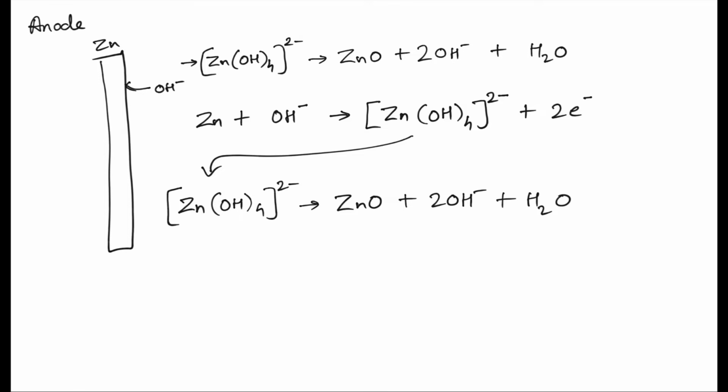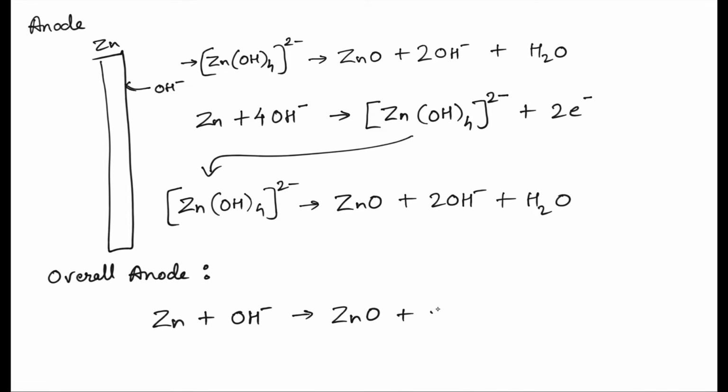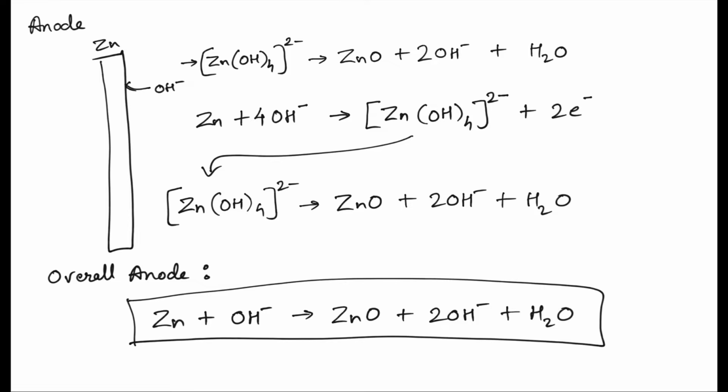So the overall reaction at the anode is Zn plus 2OH minus giving zinc oxide plus H2O plus 2 electrons. This is the overall reaction that happens at the anode.